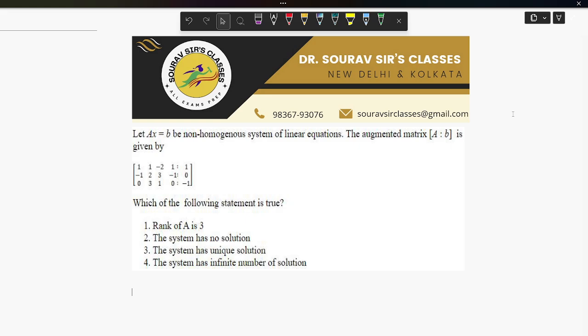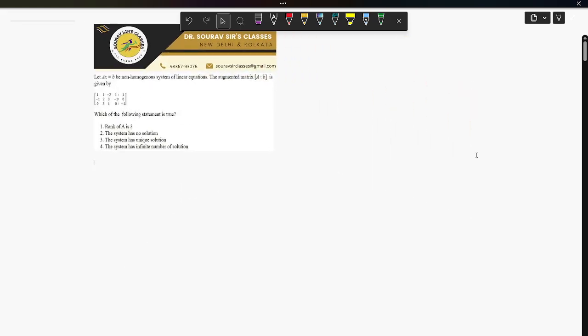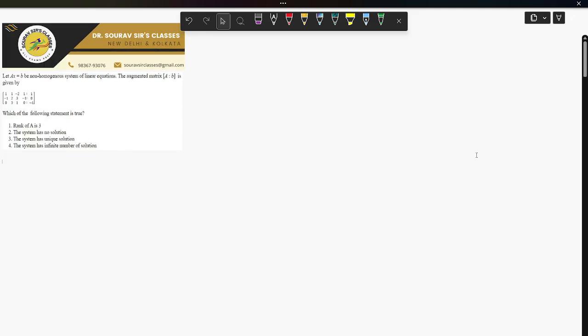Okay, so now which of the following statements is true? The statements are: the rank of A is 3, the system has no solution, the system has a unique solution, and the system has infinite number of solutions. Okay. So this is also a very easy question, and if we apply Gaussian elimination, then we are done.